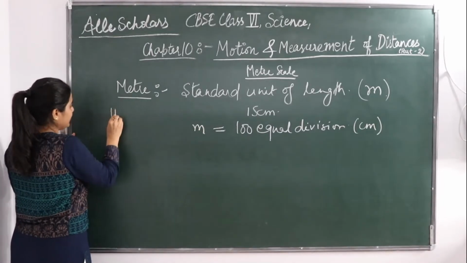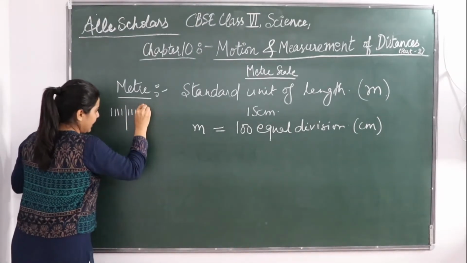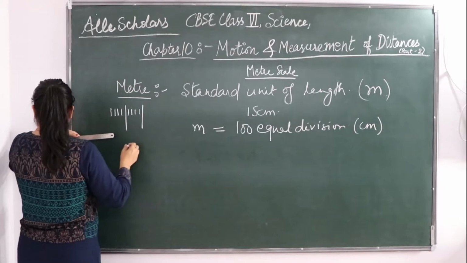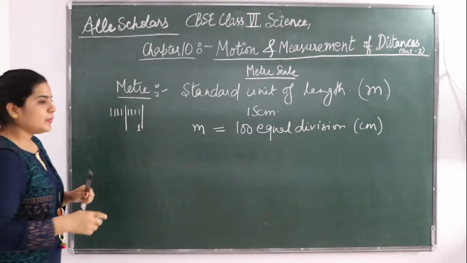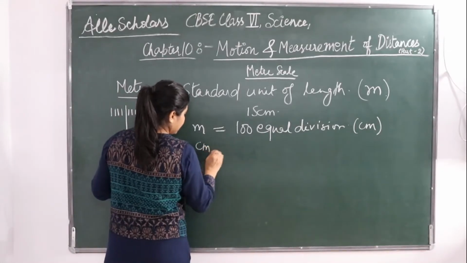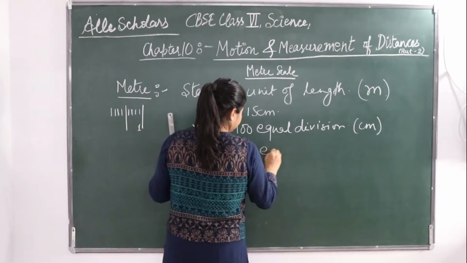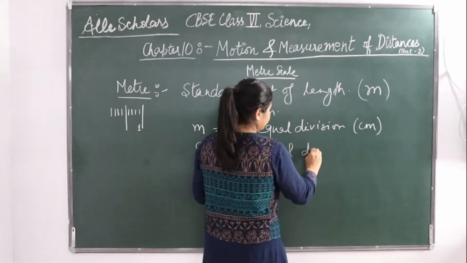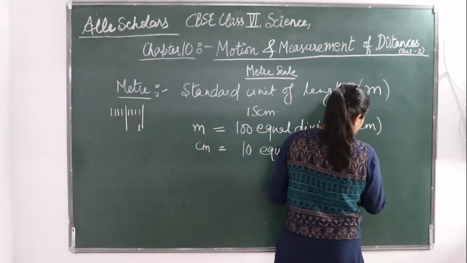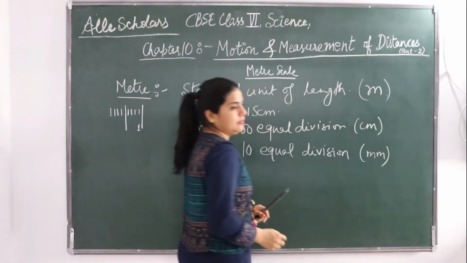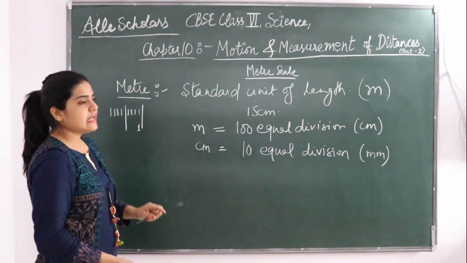So each centimeter has 10 equal divisions, and each of those is called a millimeter. mm is millimeter, cm is centimeter.